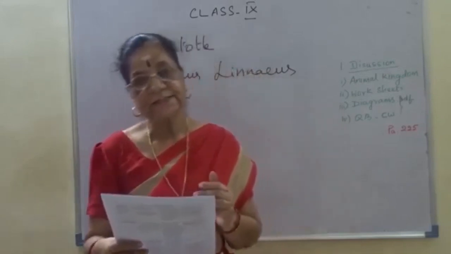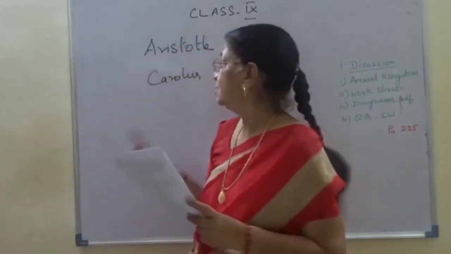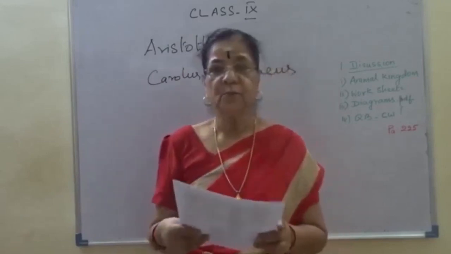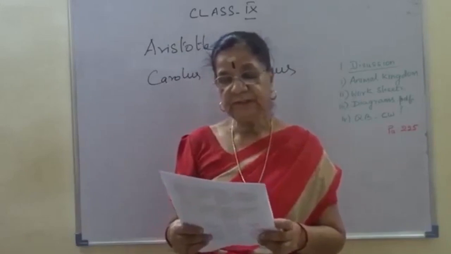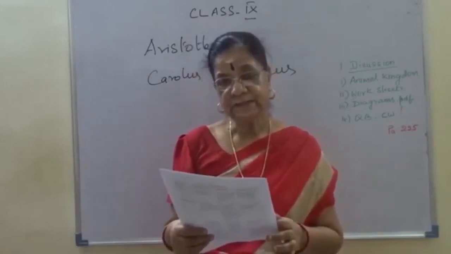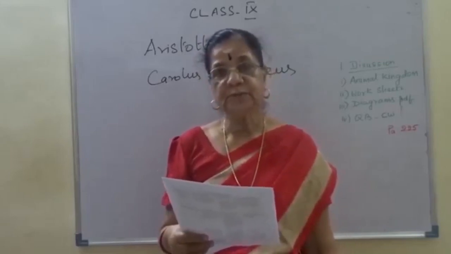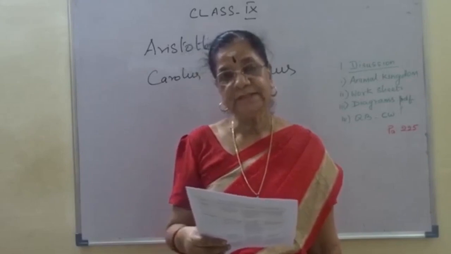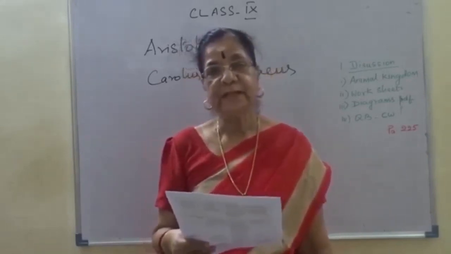Then we should say Aristotle, father of taxonomy, Carolus Linnaeus, father of modern taxonomy. Then name the five kingdom classification. The five kingdoms are kingdom Monera, kingdom Protista, kingdom Fungi, kingdom Plantae, and kingdom Animalia.